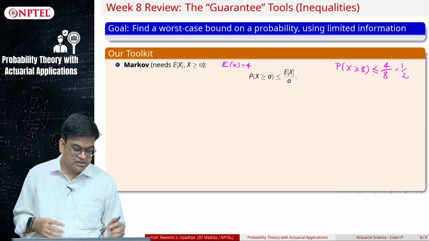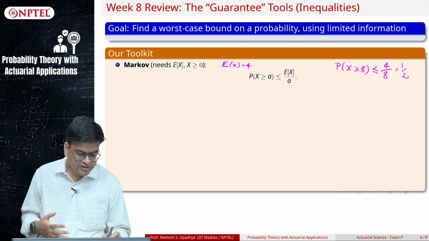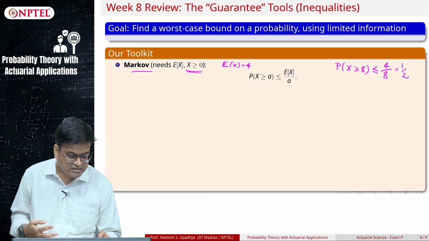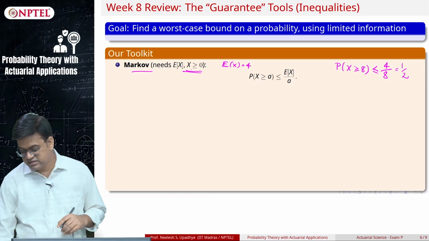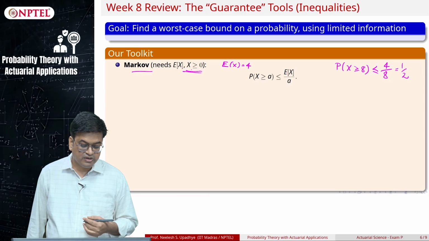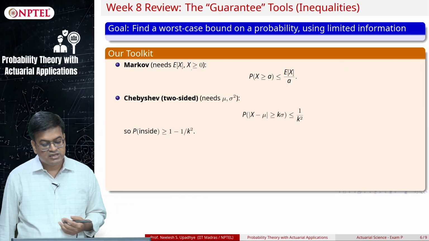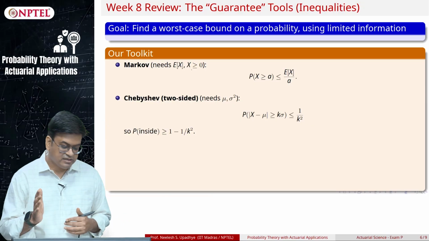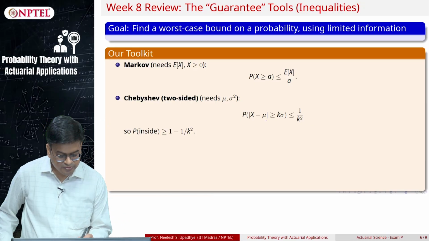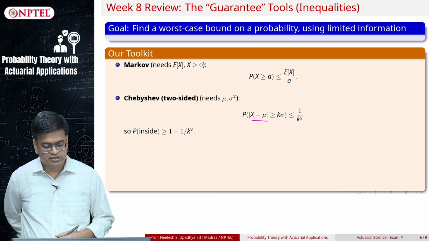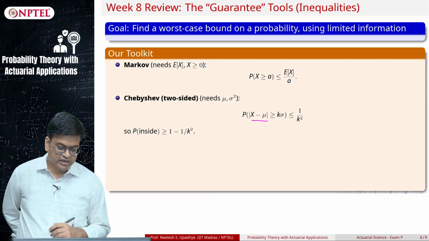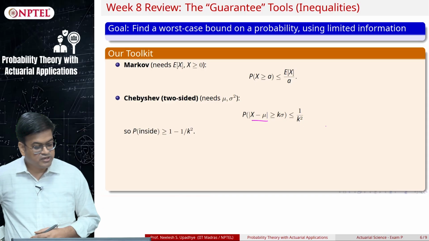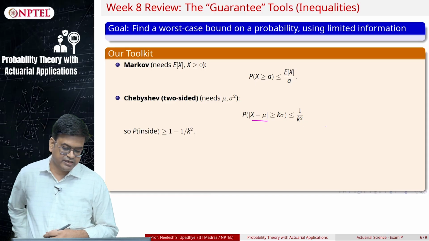So, the next question is, in general in science, when you derive certain bounds, can I improve this? Can I relax this condition? The answer is yes again. So, what will we do? By relaxing the assumption, we will center this around the mean. That is what we did when we talked about x minus mu greater than or equal to k sigma, and then we said this is less than or equal to 1 by k square.